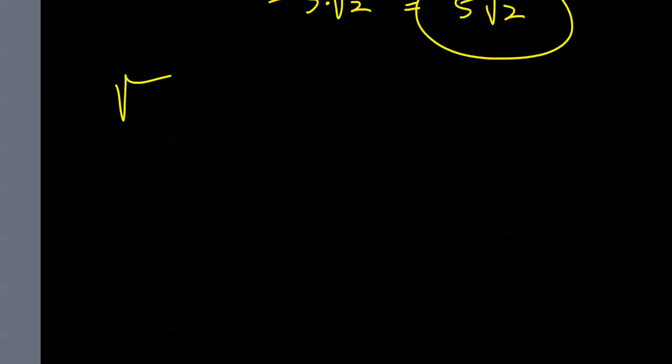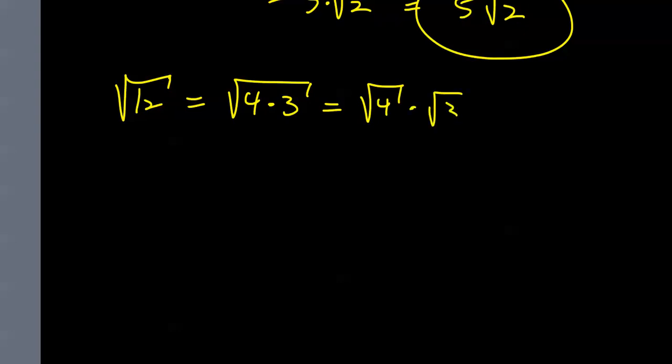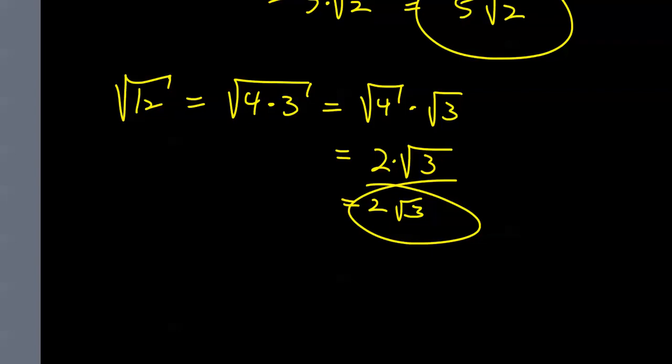The square root of 12. Well, 12 is not a perfect square, but 4 is a perfect square, and 4 is a factor of 12. I can write the square root of 12 as the square root of 4 times 3, and then break up my root over that product. The square root of 4 simplifies to 2, so I'd have 2 times the square root of 3, or more formally, 2 root 3, as my completely simplified answer.